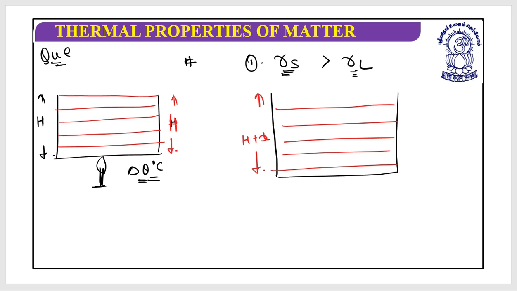So what we feel is not the actual, I'm talking about what we feel. We will say the liquid level has fallen. It is decreasing in height, or I should say the container is increasing in height.